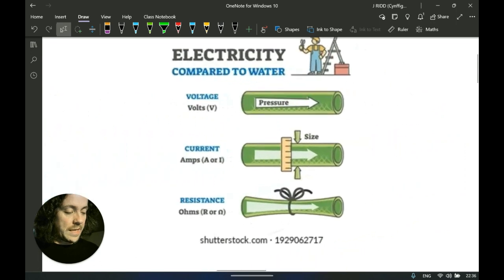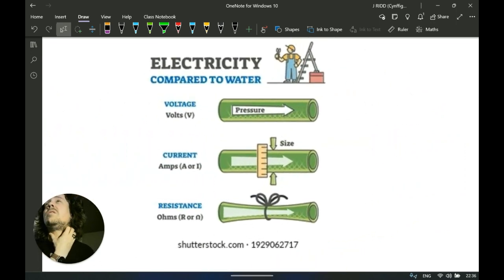And again, to think about what the quantities of voltage, current, and resistance are, if we compare that to an example of a hose pipe, then the voltage would be like the pressure. So as you turn the tap on, you increase the pressure.